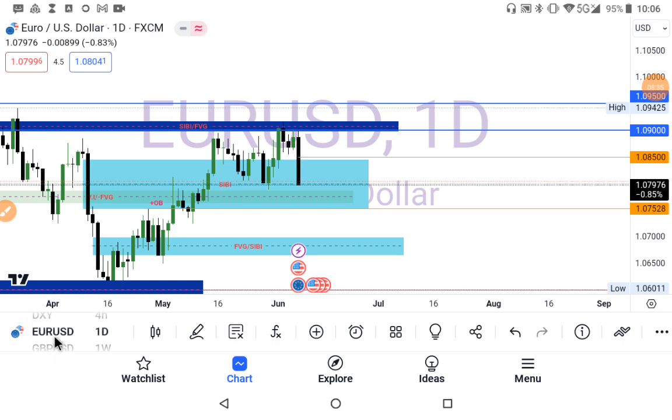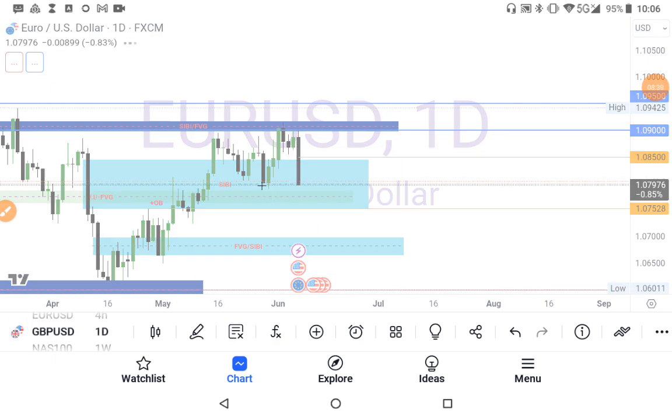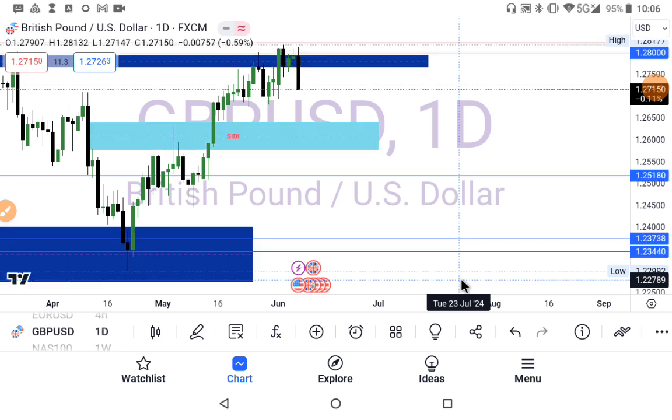So on GBP USD, I was interested in the market visiting 1.27 thousand. 1.27 thousand should give us delivery into 1.26 thousand.